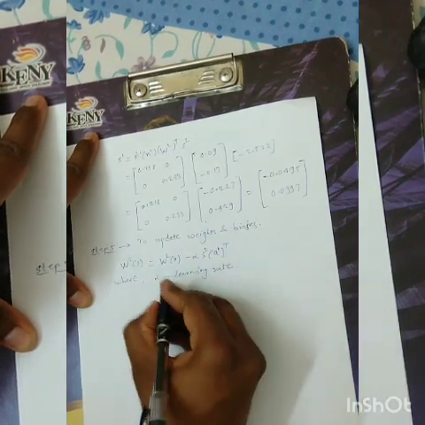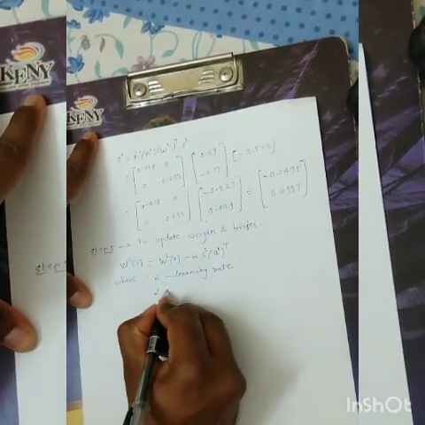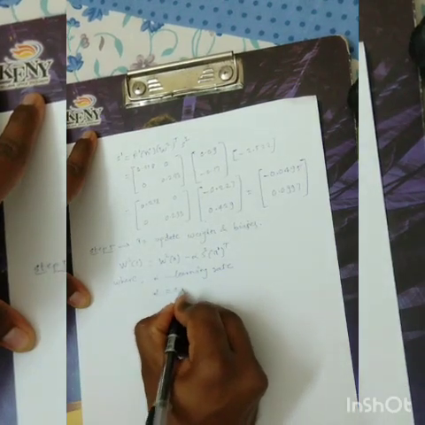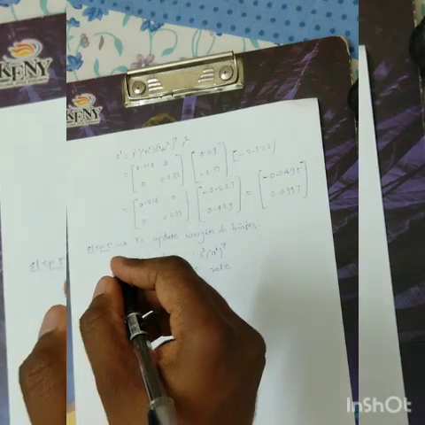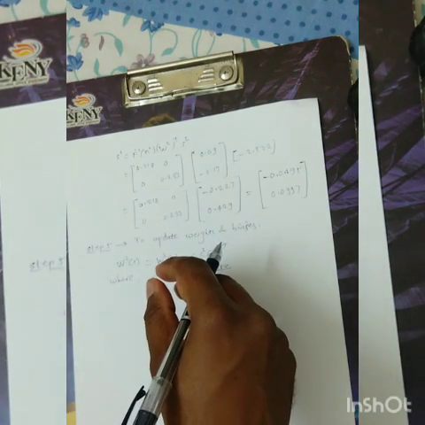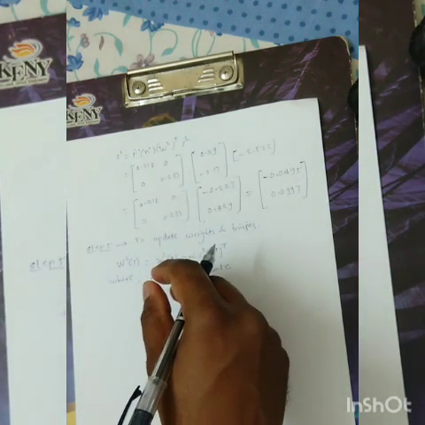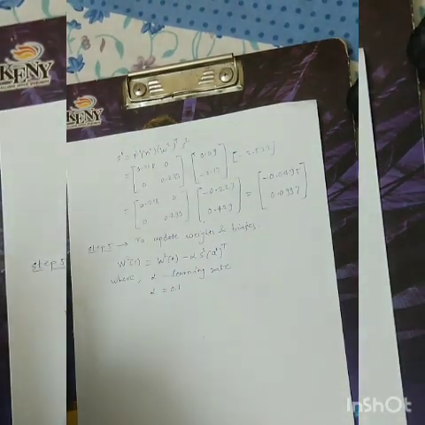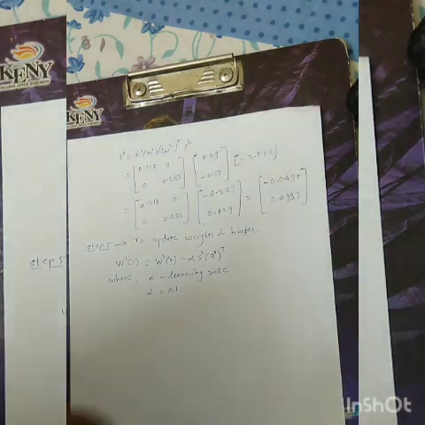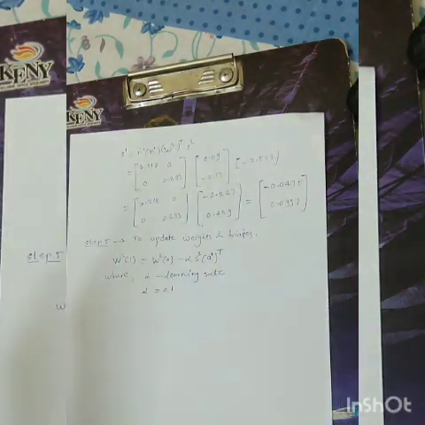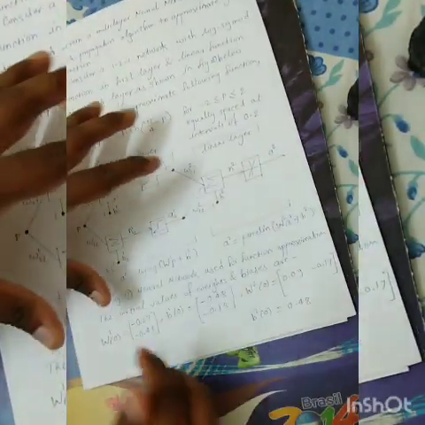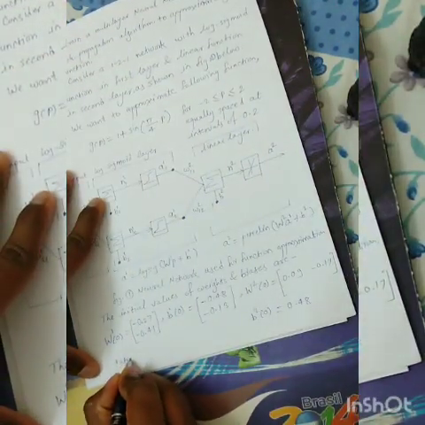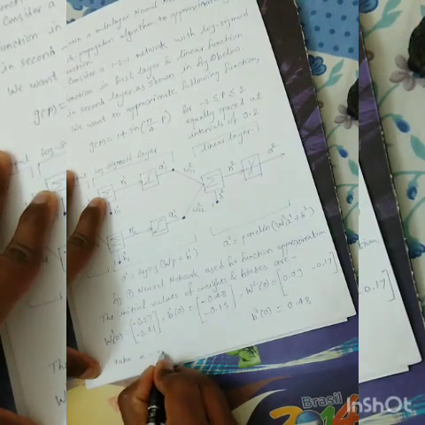okay. Here we will consider alpha is equal to 0.1, okay. In exam the value of alpha is already given, okay, so I will mention the value of alpha in the problem, which I have forgotten to mention. Take alpha is equal to 0.1.